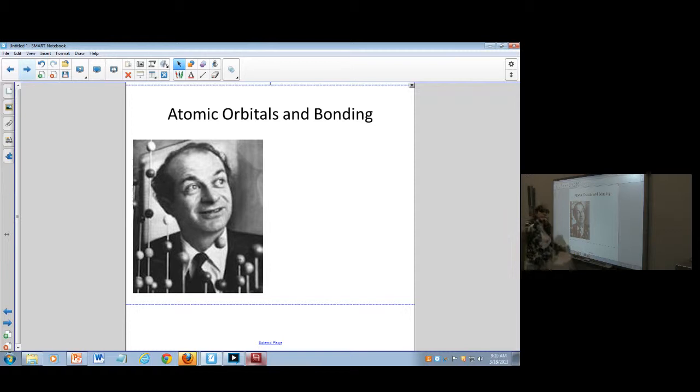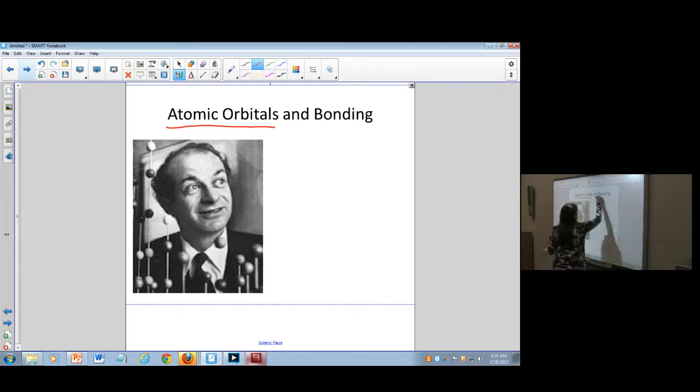So, Linus Pauling suggested basically that when atomic orbitals overlap and bond, they change their shape some. Okay, that's what he proposed as far as atoms and their atomic orbitals versus bonding into some kind of molecules.